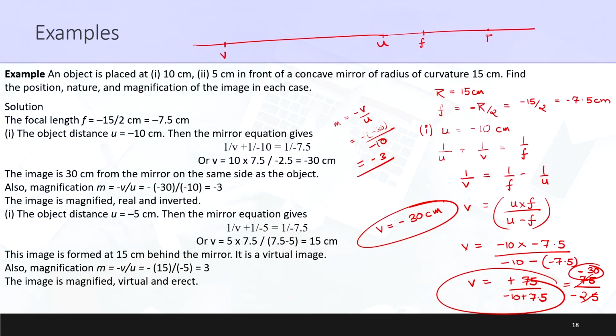For the second point, what they are saying is just the value of u is being changed to minus 5 centimeters. So, just keep on varying everything.